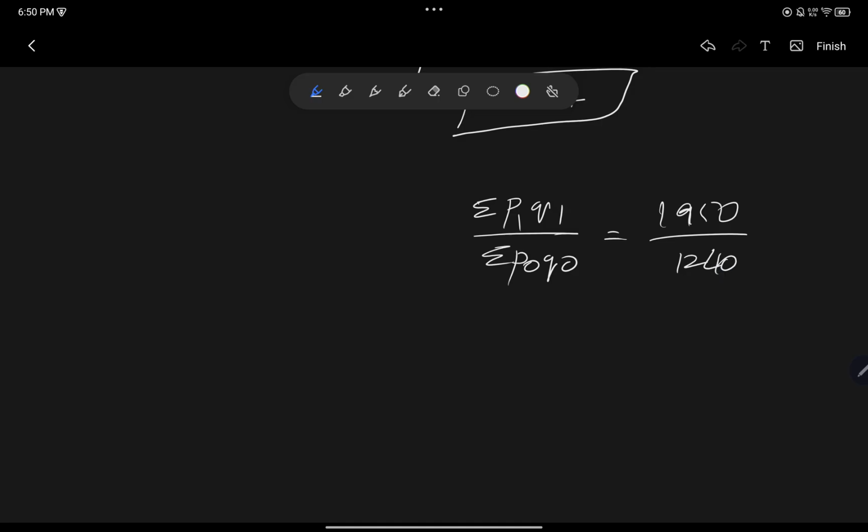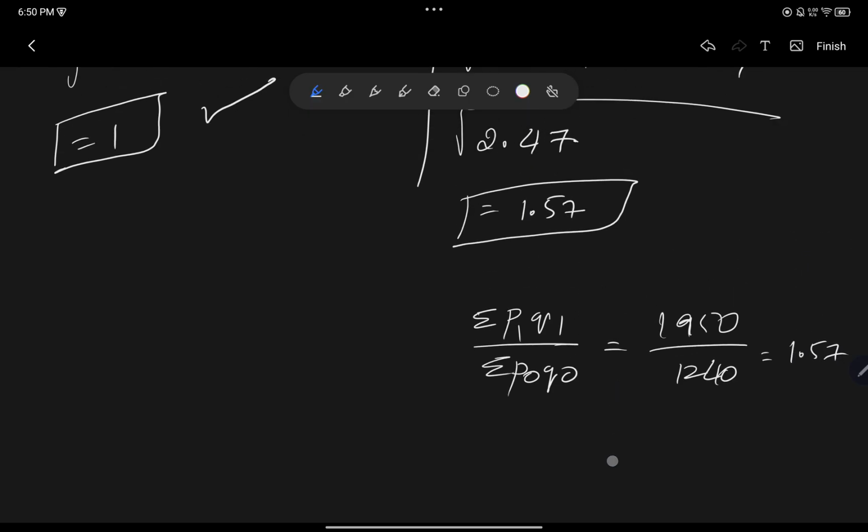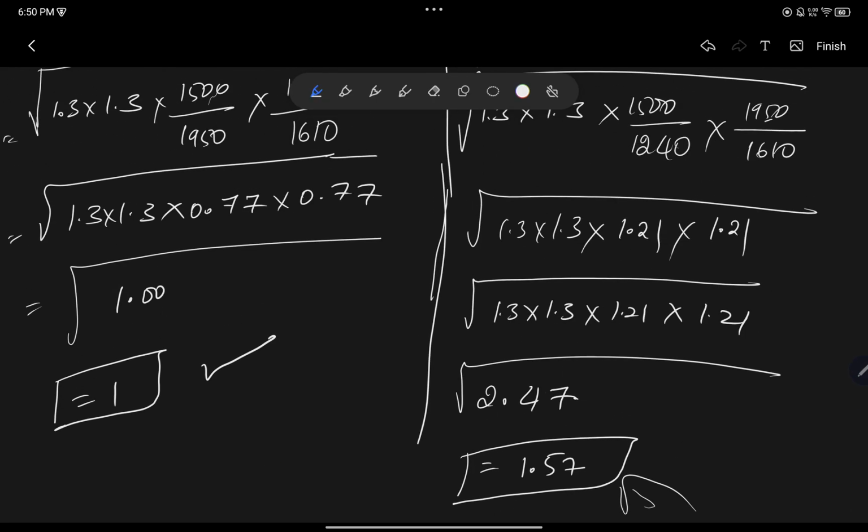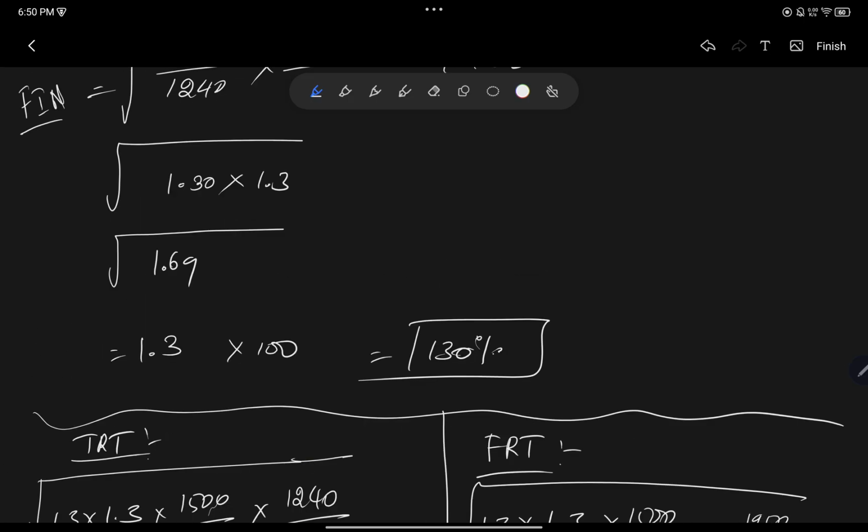So if I divide that, 1950 divided by 1240, the answer is how much? 1.57. So we got 1.57 here also. It means that we have satisfied the time reversal test as well as the factor reversal test for this question.